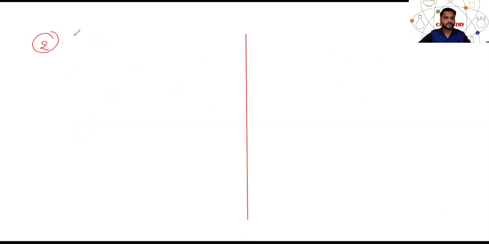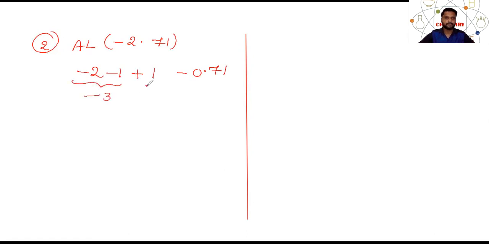Second problem. Calculate antilog of -2.71, which I write as -2 and -0.71. Value will remain the same. Then -1 and +1. So this will become -3 here, and +1 minus 0.71 would be 0.29.